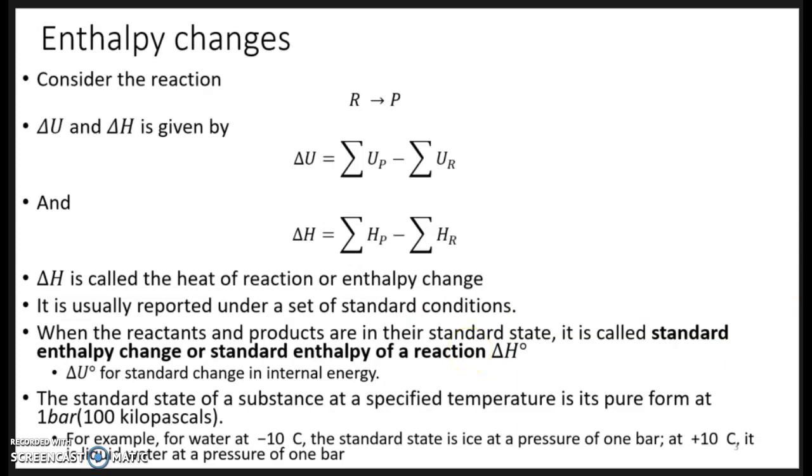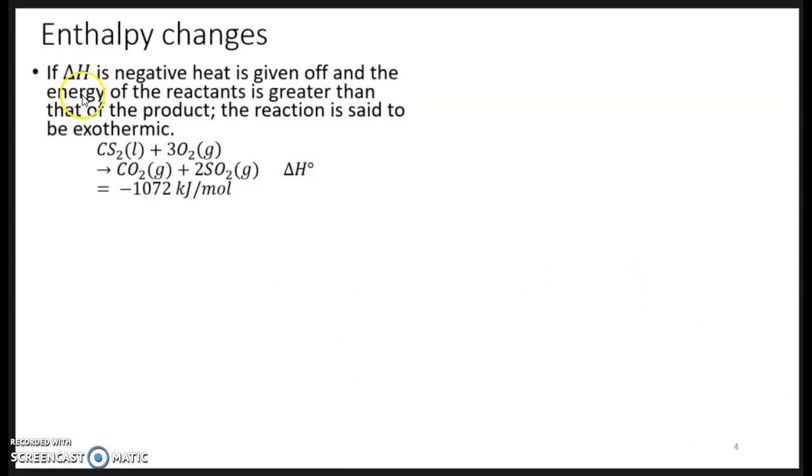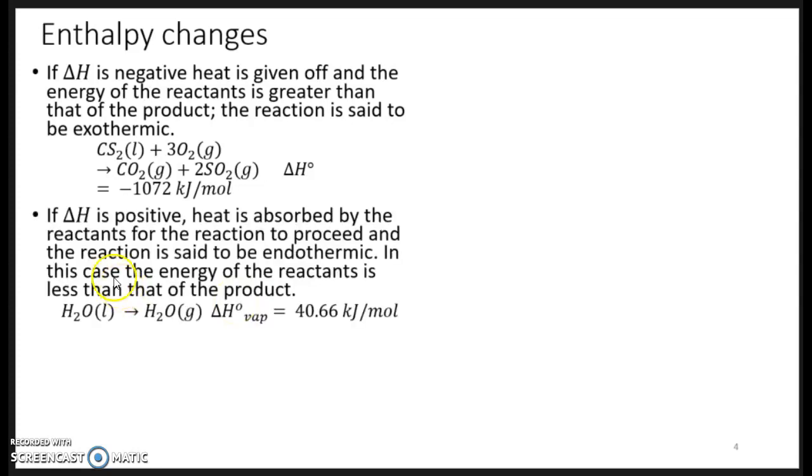So, enthalpy changes. The sign of enthalpy is very crucial. If delta H is negative, then the reaction is said to be exothermic. Delta H negative means that the energy of the product is lower than the energy of the reactant. It's usually a desired reaction when you're looking for reactions that would give energy. Energy is desired in all areas of life. If delta H is positive, we say it's an endothermic reaction.